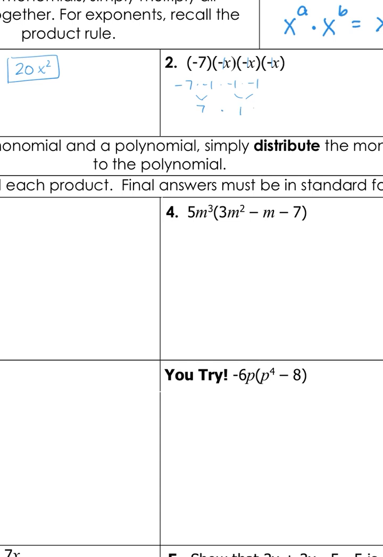So then 7 times 1 is just 7. So my coefficient is going to be 7. And then I add my exponents together. So I have 1, 1, and 1, and that's going to be x to the third. So +7, x to the third.